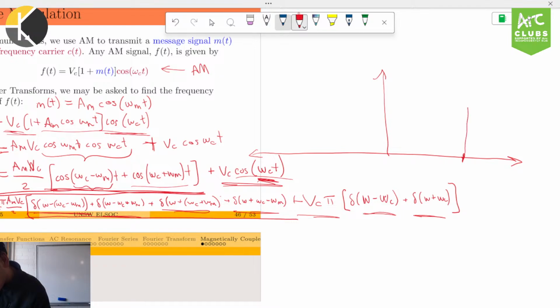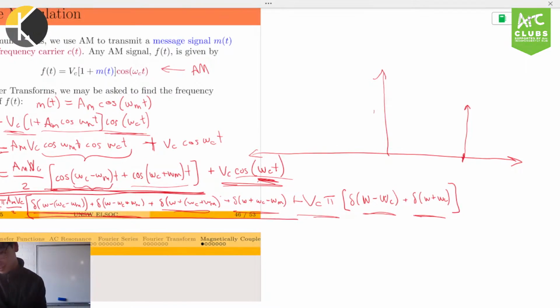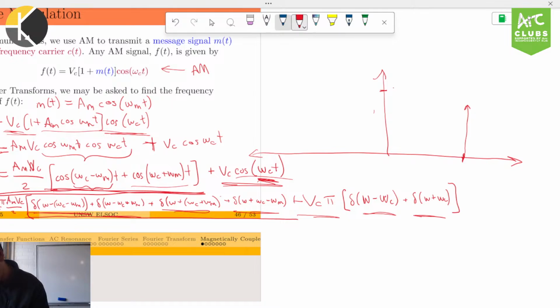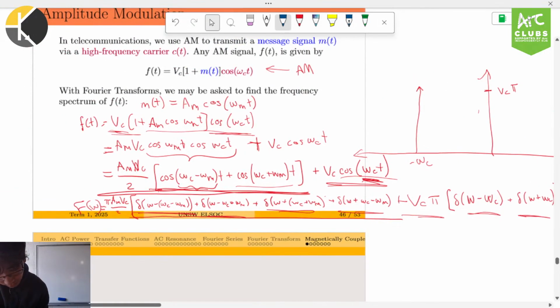These have a magnitude of Vc pi, and a magnitude here at minus omega c. And then we're going to have 2 smaller peaks either side of these large ones that I've drawn in, and these will each have a magnitude of pi Am Vc over 2.